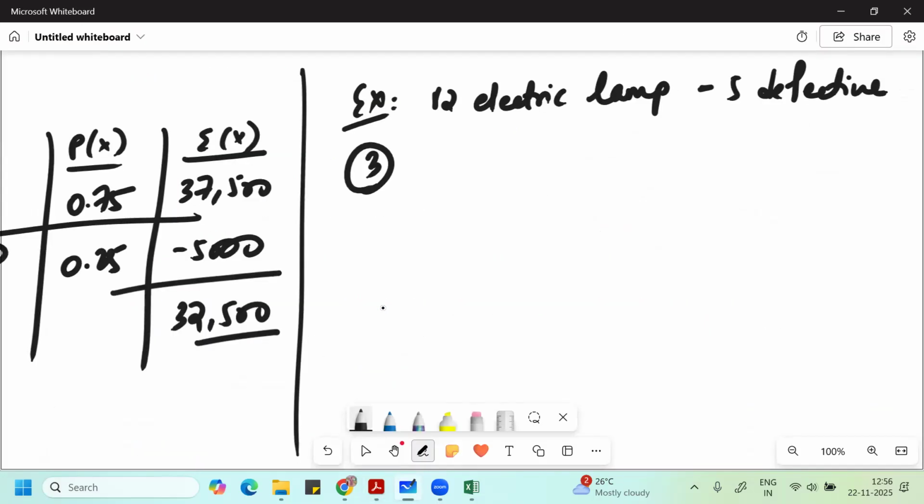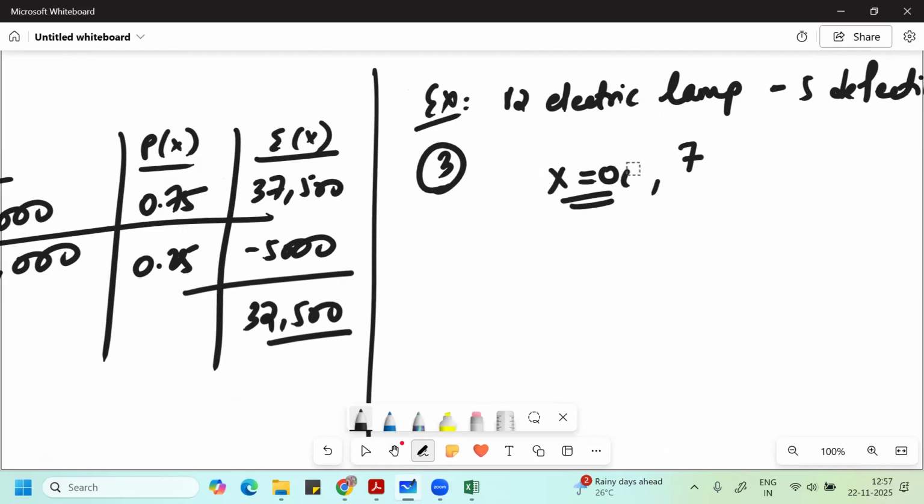So he selects 3 lamps. What can happen? X, the number of defective lamps, can be 0. So if no defectives, all 3 come from the 7 normal lamps.